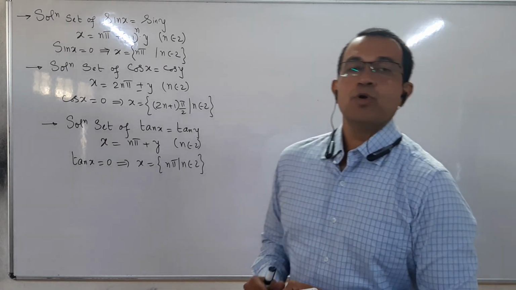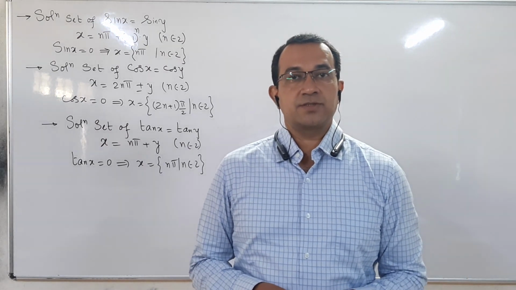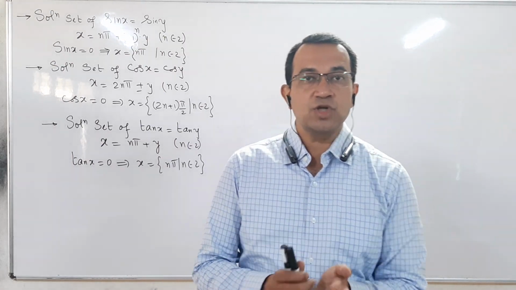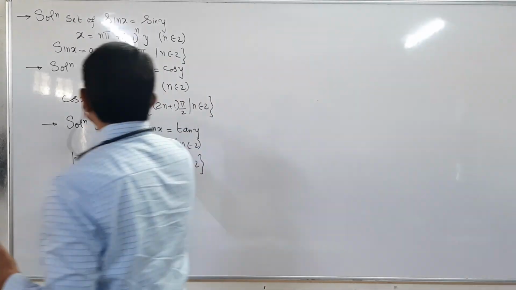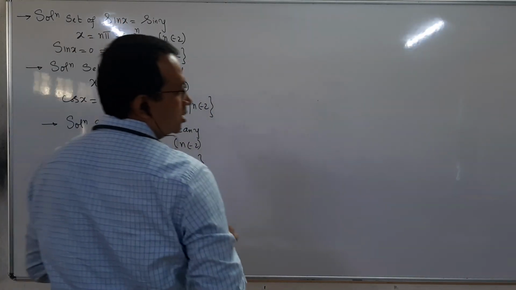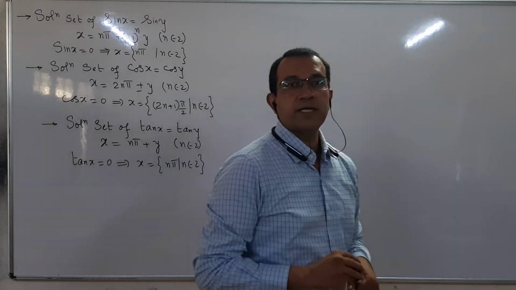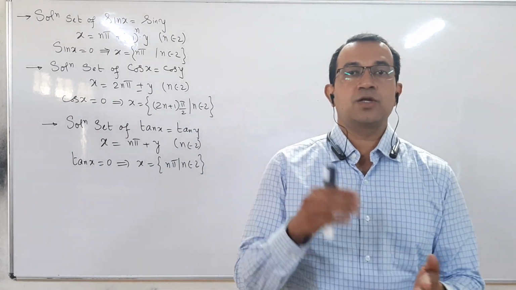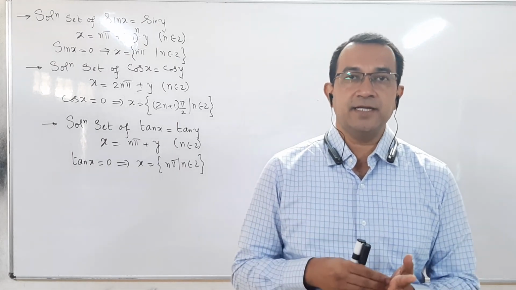Now, the most important thing, students, is that we have not written solution sets of cosec, sec and cot, which are respectively the reciprocal functions of sine, cos and tan.